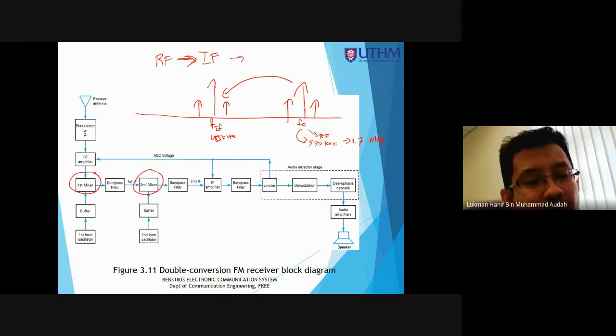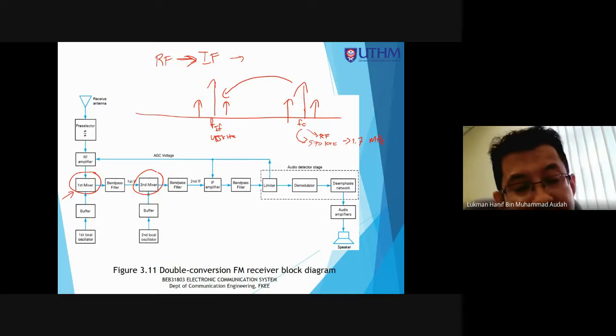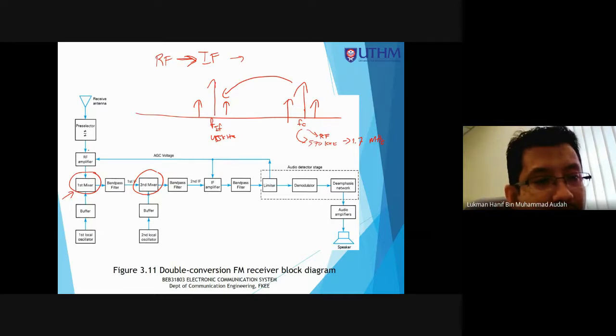Okay, so that's why the first mixer here, this is the first down conversion. That means dia akan tukar daripada range RF daripada 88 sehingga 108, dia akan turunkan kepada center pada FIF yang pertama.